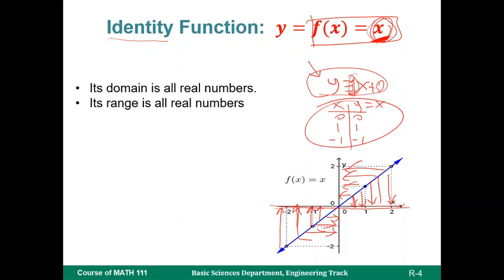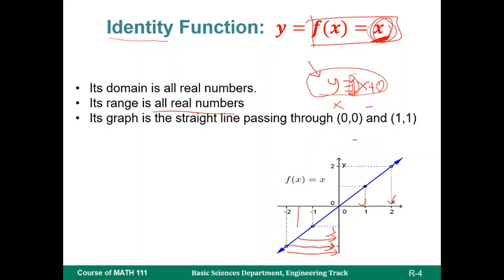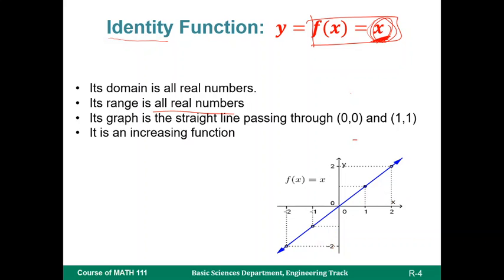The outputs, as you see from projecting the graph onto the y-axis, give all real numbers as the range. And it's a straight line passing through (0, 0) and (1, 1). The other thing is it's an increasing function from left to right. If you go this way, it's going up. So it's an increasing function.